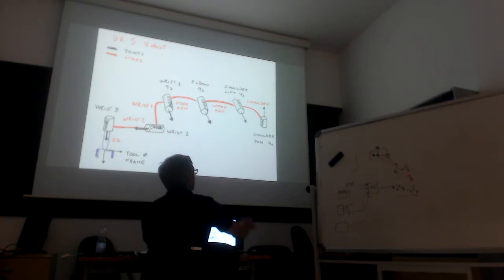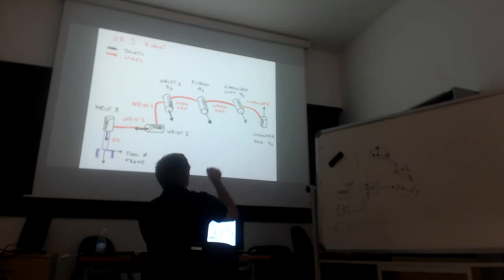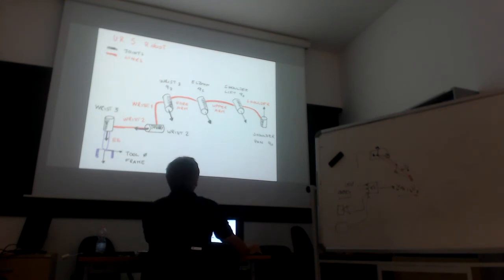Let's say you have a shoulder joint, then another shoulder joint in the vertical plane. We have an elbow joint, and we have the three wrist joints. So in essence, we have 1, 2, 3, 4, 5, 6 joints, a 6 degrees of freedom robot.